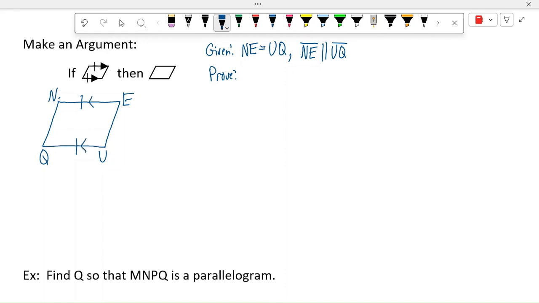So this satisfies the hypothesis. If we have one pair of sides like those that are both parallel and equal, then what we're trying to do is prove that QUEN is a parallelogram. So here's the given, here's the proof, there's the drawing. Now we have the proof to do.